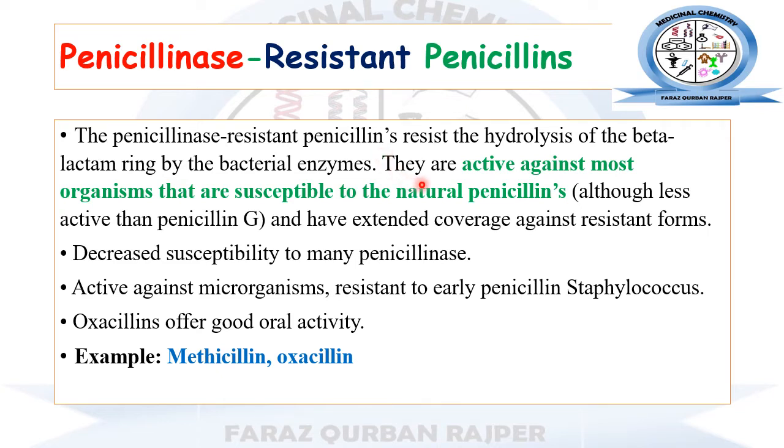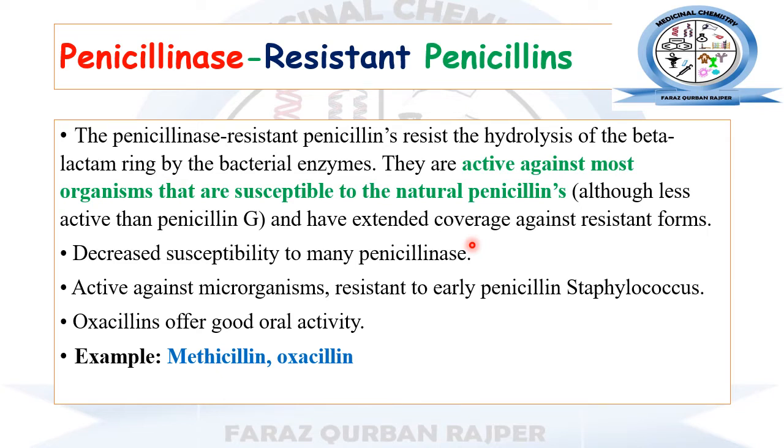So they are active against those organisms against which the natural penicillins are ineffective because of the production of beta-lactamase. So their spectrum of activity will ultimately be greater than that of the natural penicillins.